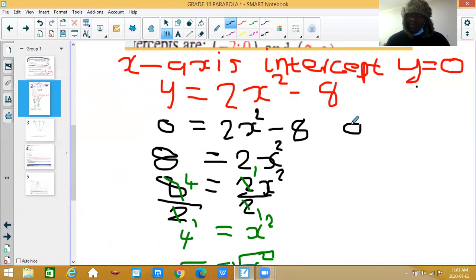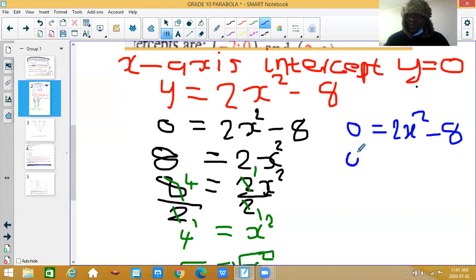And then you have your, let me use a different color now. y, so when y is 0, on this other side, you have 2x squared minus 8.